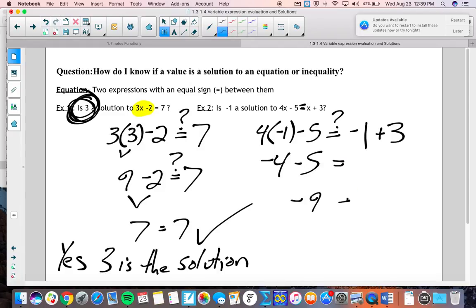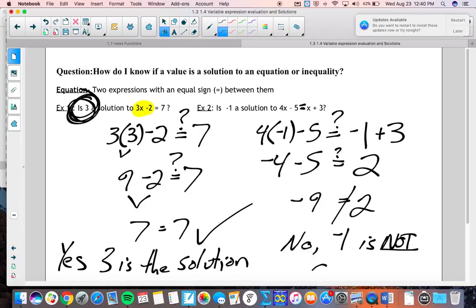On the right side I get 2. Does -9 equal 2? No. So what number was I wondering if it was a solution? -1. Is -1 a solution? So no, -1 is not a solution in this problem.